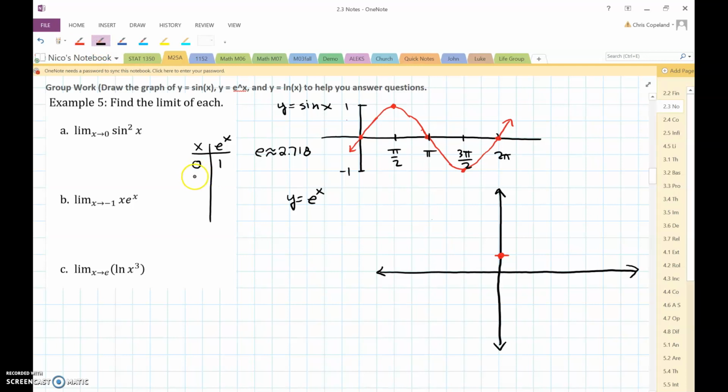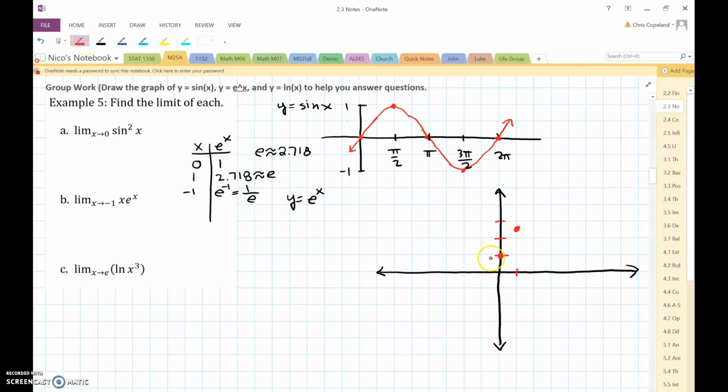Next, let's do 1. So this would roughly be 2.718, which again is roughly e. So 1, 2. So that's going to be roughly here. If I pick -1, that's going to be e to the negative first, which is 1 over e.